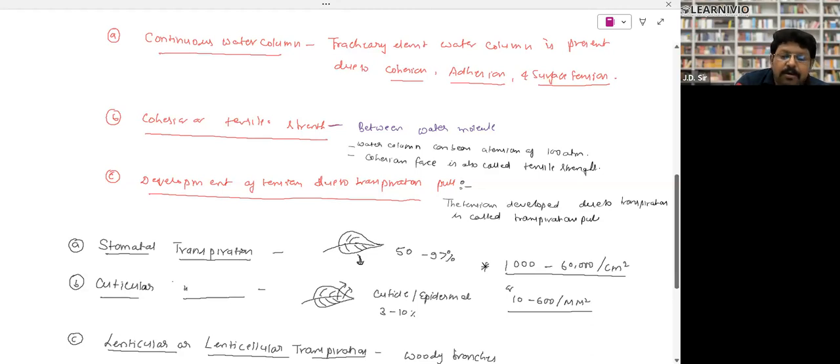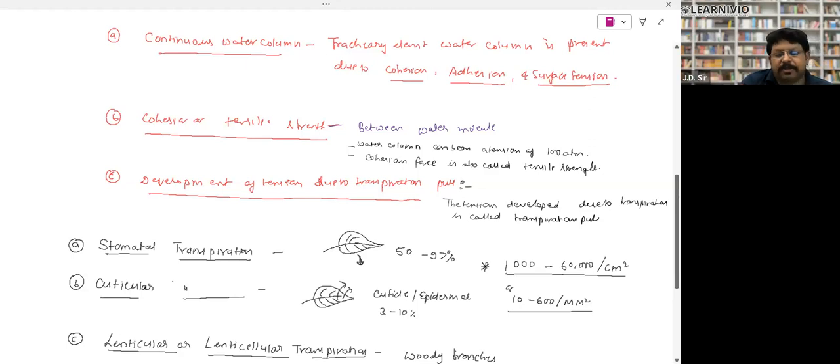A tension of 10 to 20 atmosphere is sufficient to raise water to the highest point of the tallest tree, over 130 meter.